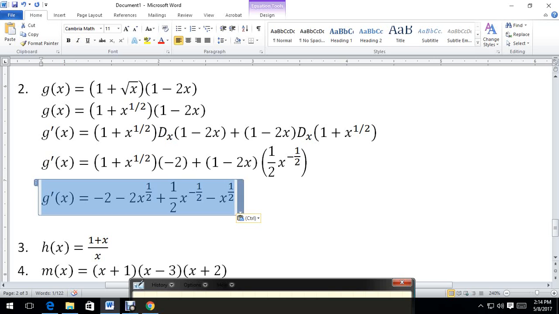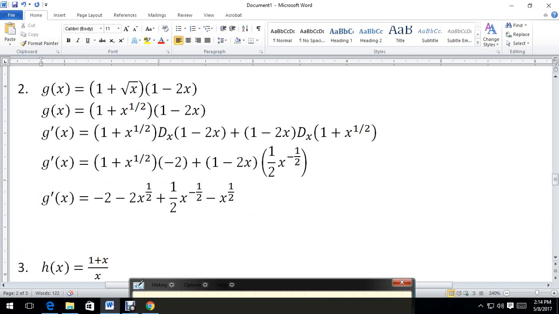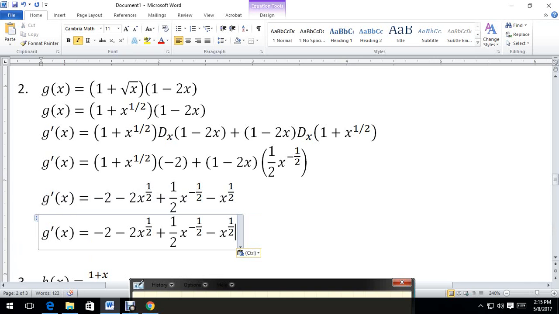Okay, so to further simplify this part, we could combine like terms. So obviously, negative 2 doesn't have any like terms in the expression. There are only two terms. You have negative 2 x raised to 1/2 and negative x raised to 1/2 as similar terms. So we could combine these two. So this is basically negative 2 minus 1.